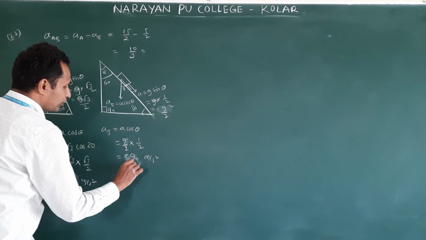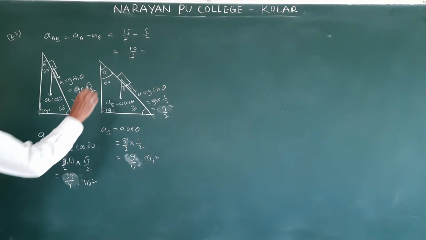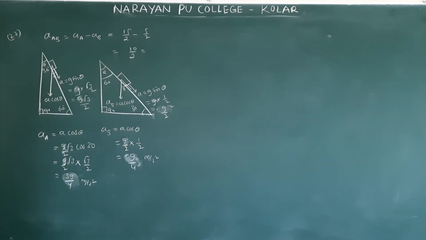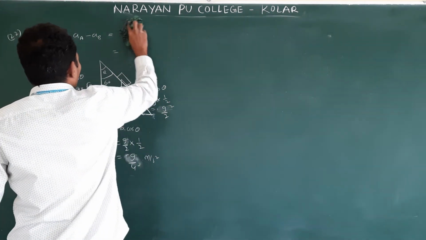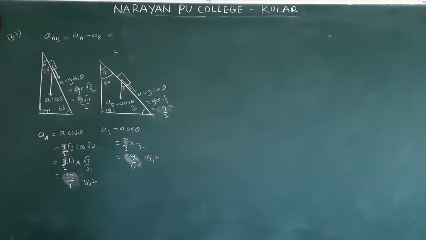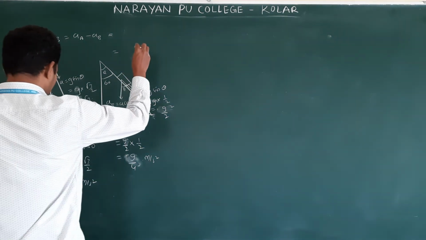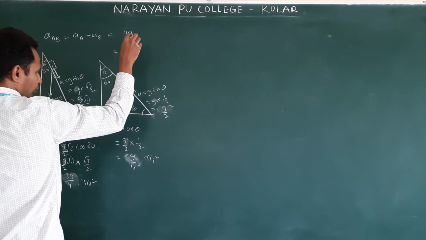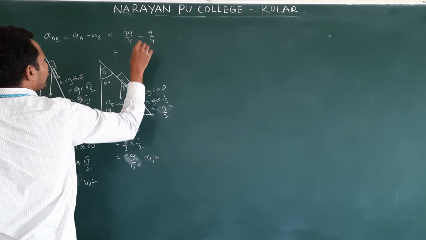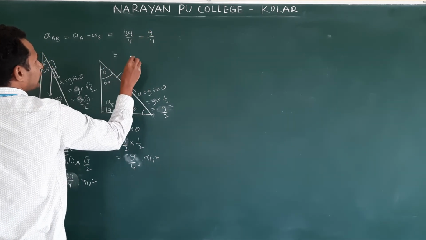Then what do we get? g by 4. Now, because they did not take 10 in the answers, they have given 4.9, so what is this? 3g by 4 minus g by 4, right?